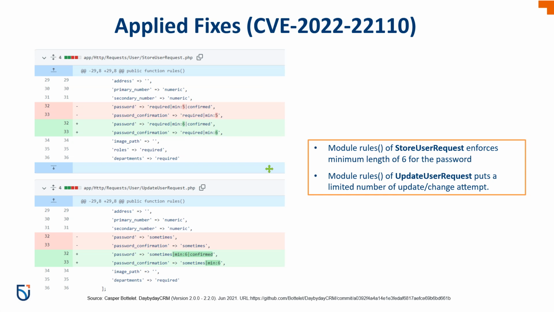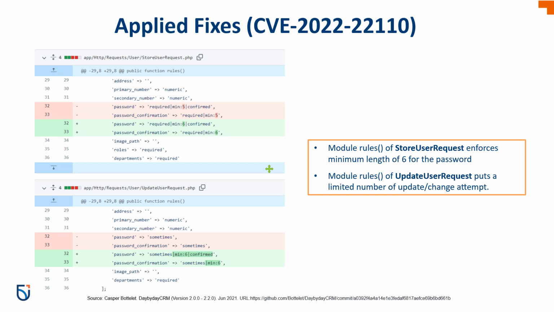In terms of the fixes that were applied, this was done in June 2021. Firstly, for the function rule of store user request, it sets minimum password length to 6 characters. However, prior to applying this fix, you will see that on line 32 and 33 of the function rule of store user request, there was no minimum length of password set before.